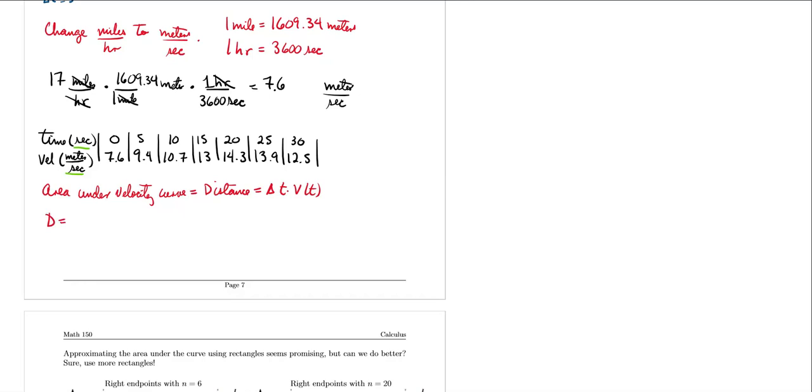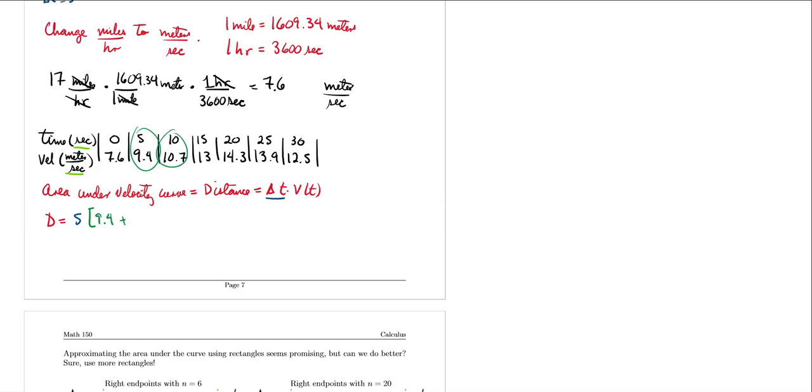Well, let's see, the distance is going to be equal to the delta t, which in this case was 5 seconds, times, now we're going to go ahead and add our velocity values. But because we were picking the right endpoints, we're picking the 9.4 and continue onwards.